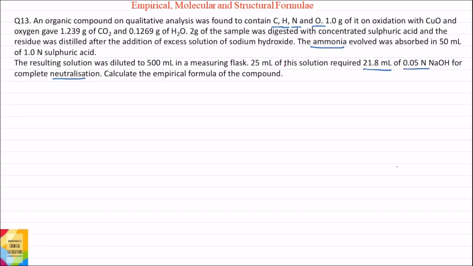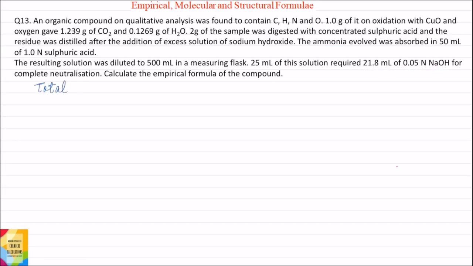So total amount of sulfuric acid which is present will be 50 milliequivalents and the remaining sulfuric acid or the sulfuric acid in excess will be equal to milliequivalents of NaOH. And when we will subtract the milliequivalents of remaining sulfuric acid from milliequivalents of the total sulfuric acid, we will get the milliequivalents of ammonia.